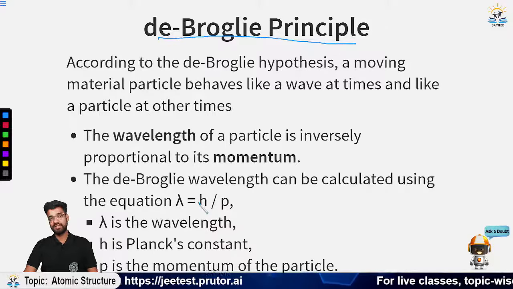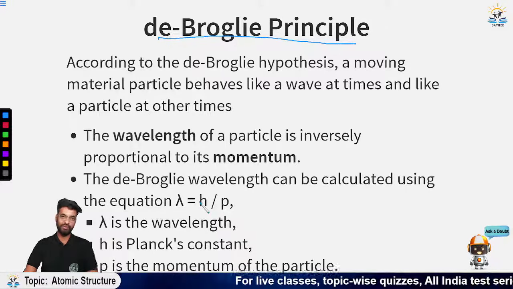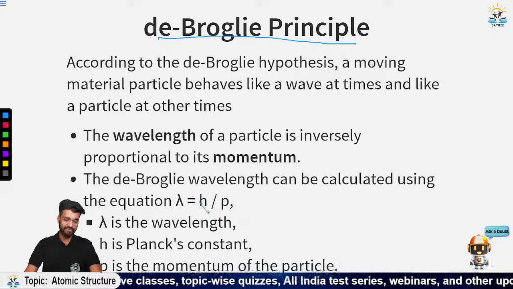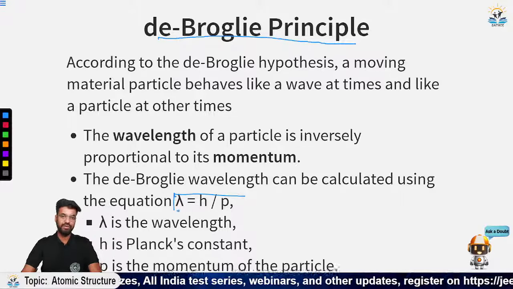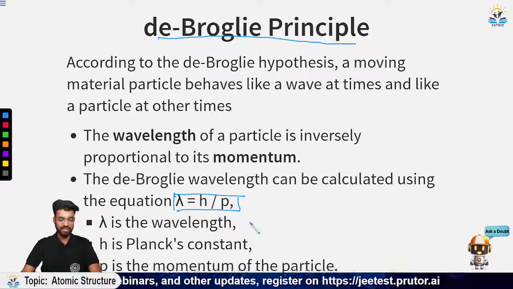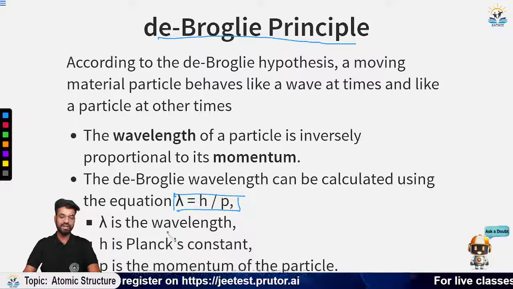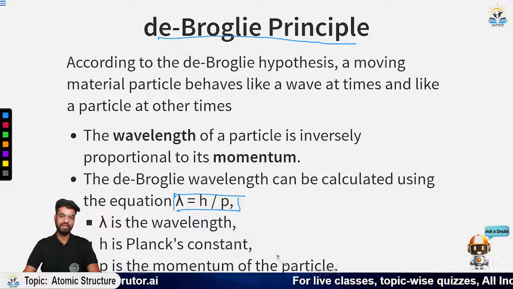To explain that wave nature and particle nature, de Broglie considered the periphery, where both the particle nature and the wave nature meet each other. So he gave a formula where the periphery of wave nature and particle nature exists. The formula is lambda is equal to h by p, where lambda is the wavelength, h is Planck's constant, and p is the momentum of the particle.